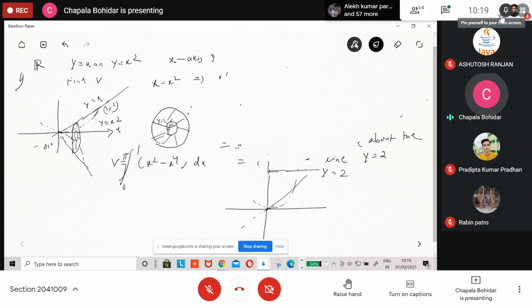If it rotates this way, this distance stays the same, so the inner one has a mirror image here, and the outer one is like this.